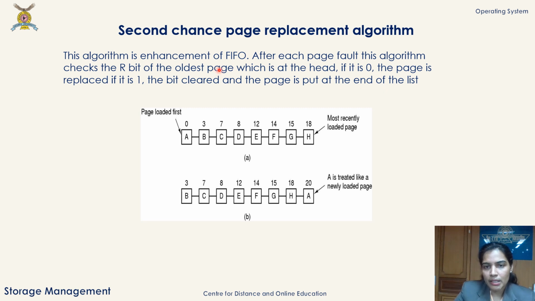So here we are giving a second chance to the page instead of throwing it out of the memory. The algorithm moves the pages around the list, which may be a time consuming mechanism. You can see the page loaded first here and the most recently loaded pages are added here. So when A is selected after the page fault, it will be added again at the end and treated as a newly loaded page. So one more chance is given to the page.